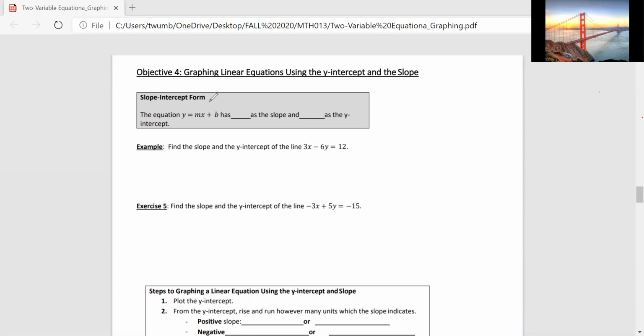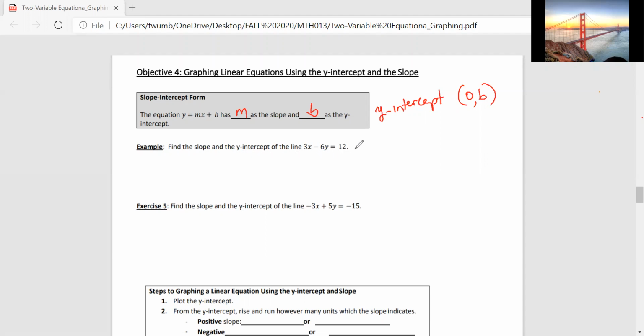The slope-intercept form of any equation is y equal mx plus b, where the m is always the slope, and the b is what we call the y-intercept. The y-intercept is always a point, so if you are writing your y-intercept, the x value is going to be 0, and the y value is this b here. That will be your intercept.